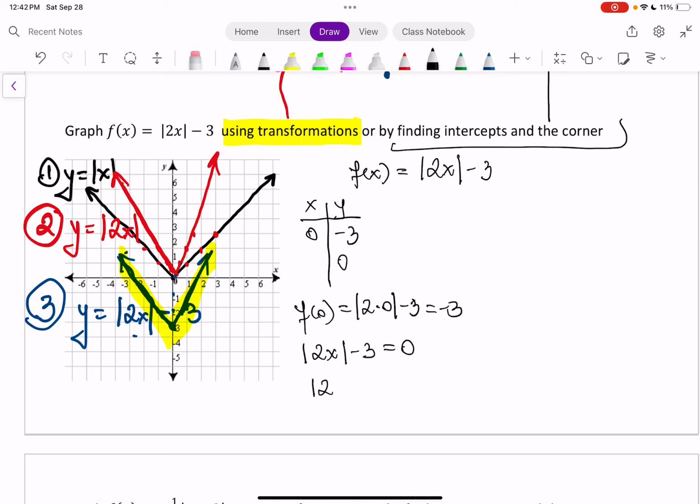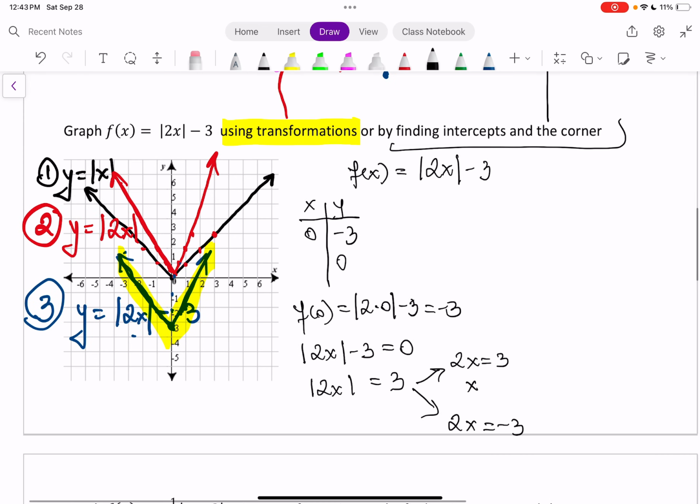Solving this equation, as we learned to do in the last chapter, or section I should say. First things first, you need to add 3 to both sides, right? Then explain what this absolute value means. We have two choices, either 2x equals 3 or 2x equals negative 3.